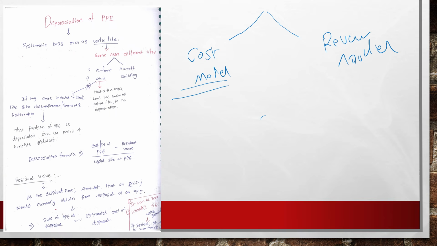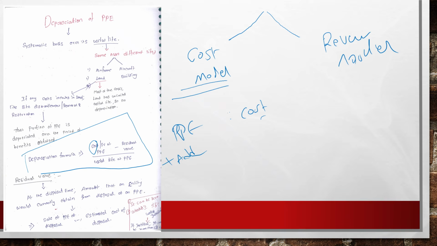In the cost model, the PPE cost is the cost you have incurred plus additions if any. So that's why you have used cost here in the formula.